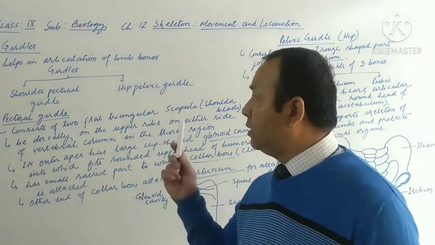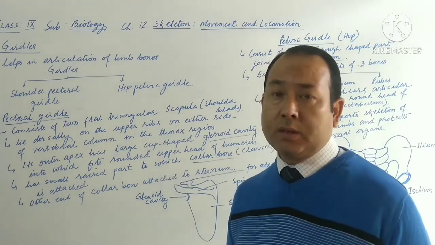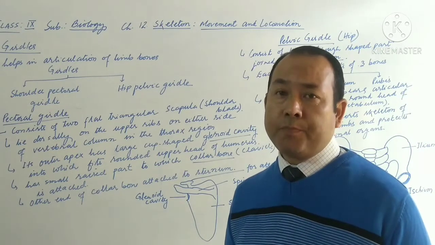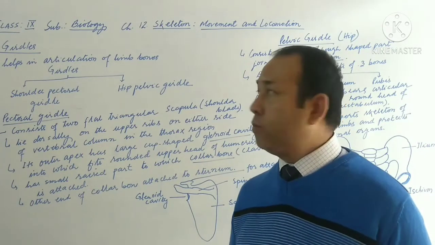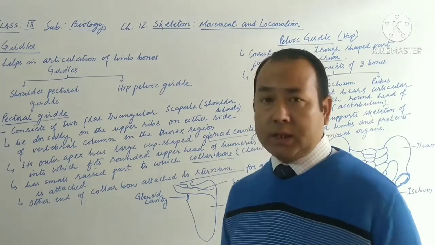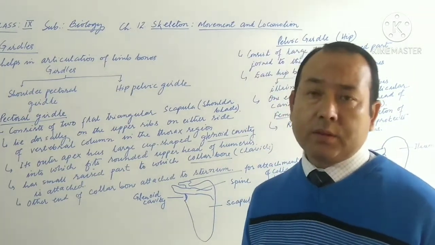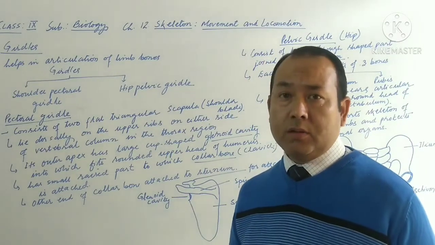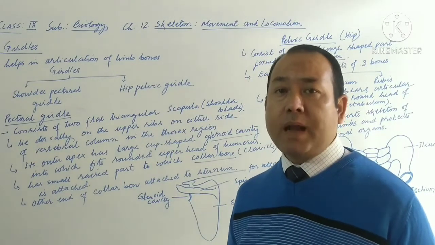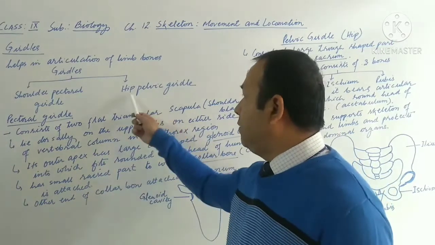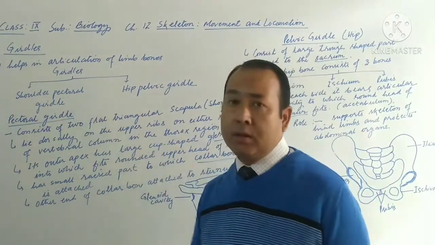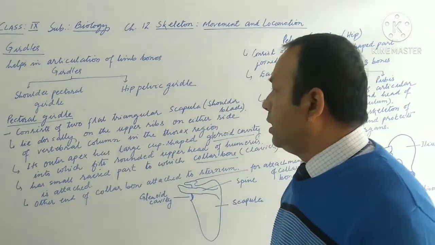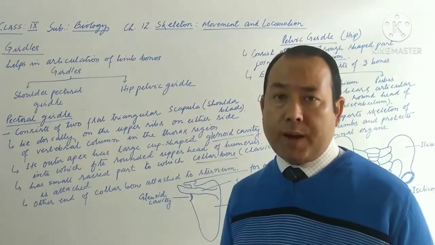And these girdles are usually of two types, that is pectoral girdle and pelvic girdle. Pelvic is in hip region and pectoral is in shoulder region. Now first we need to discuss pectoral girdle.